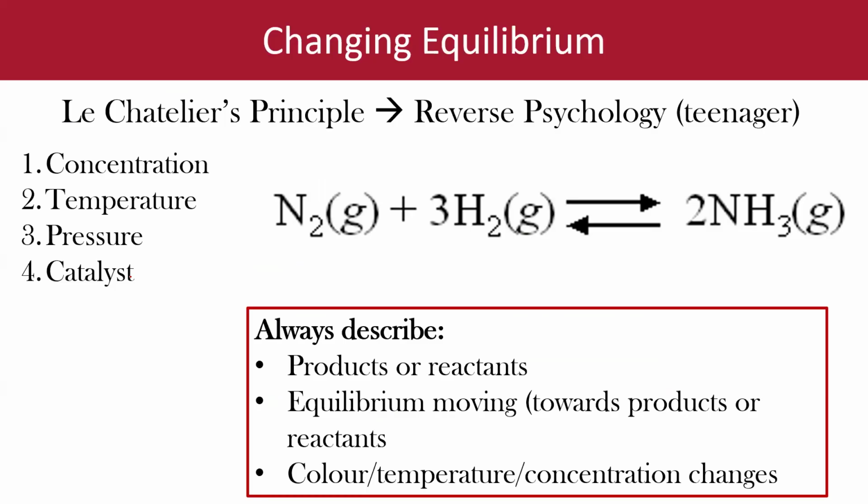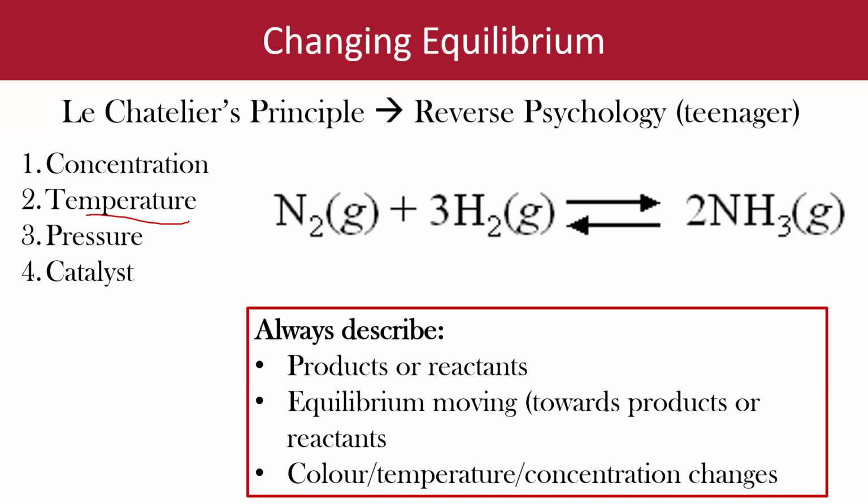I'm going to ask somebody: with N2, 3H2 and ammonia, what happens if I increase the concentration of nitrogen, and why? And what happens if I increase the temperature of the Haber process?